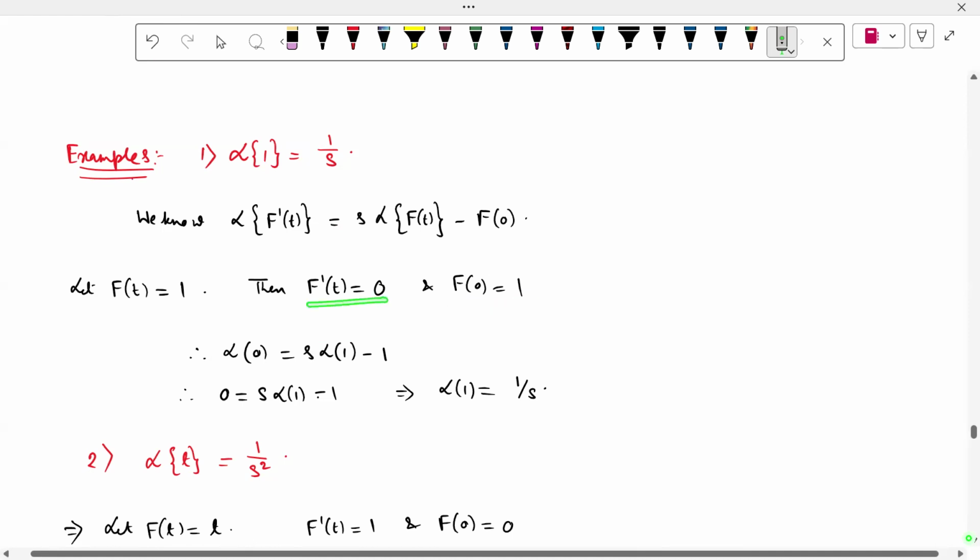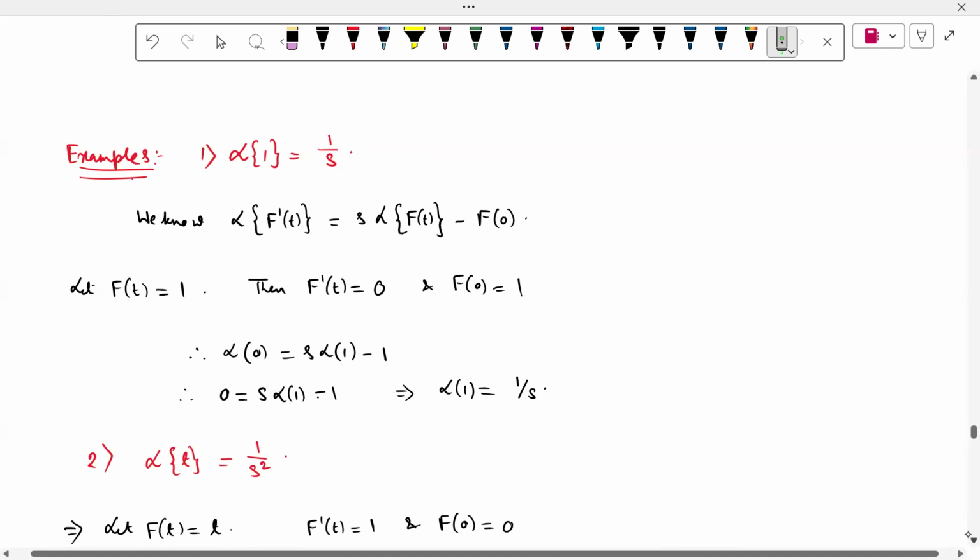So put the values: L of f dash t equals 0, so 0 equals s L of 1 minus 1, and simplifying this, you get L of 1 equals 1 by s.